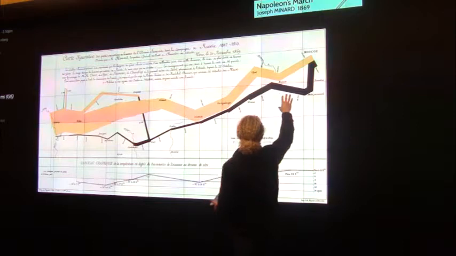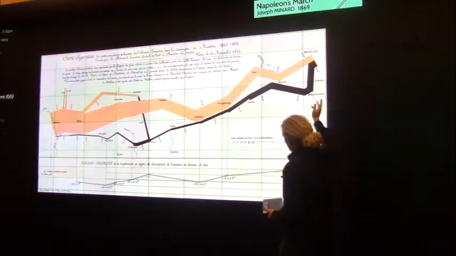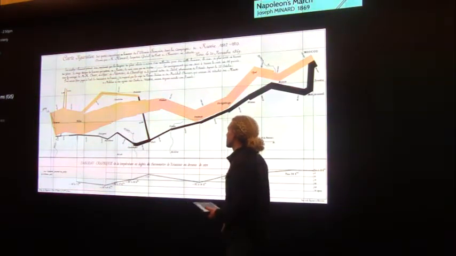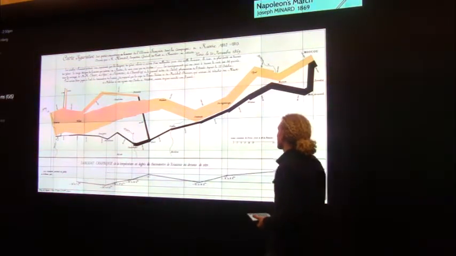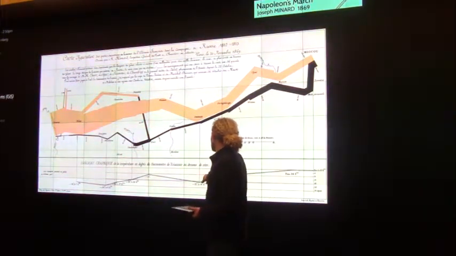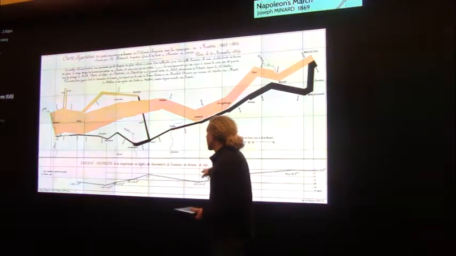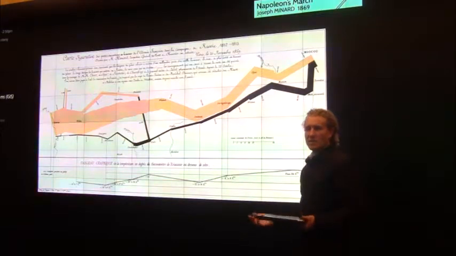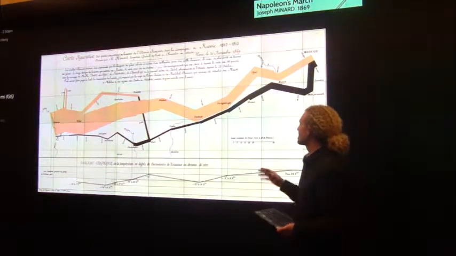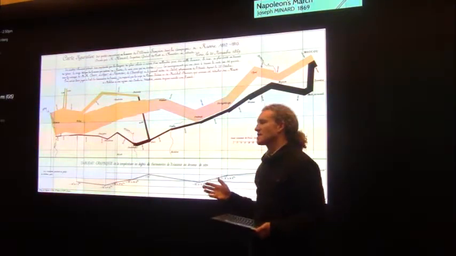The brown is going towards Moscow, and then the black is the return. So you can see that shift. You see a qualitative shift there. Down here, he represents temperature over time. So he's really combining a lot of different data variables in a single graphic. This is around mid 1800s.